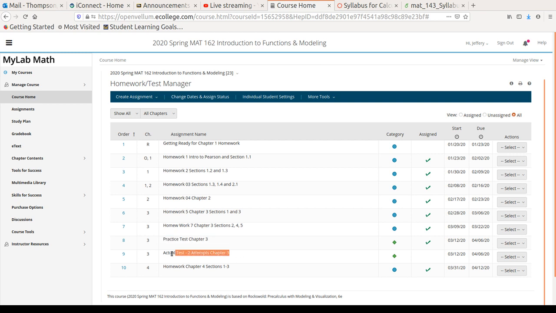And I'm allowing 2 attempts on the exam for getting used to it. If you're used to doing tests on paper, it's not the same, and by not being the same, I wanted to give some room to get used to it.